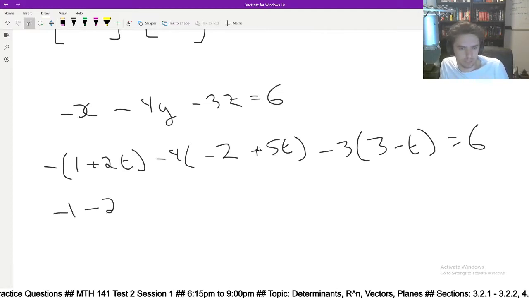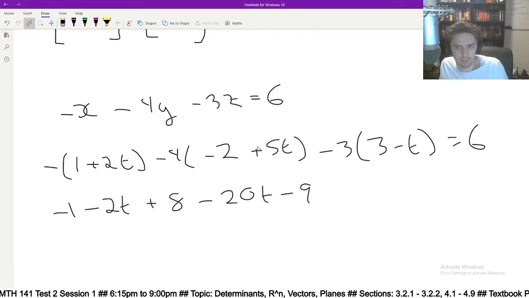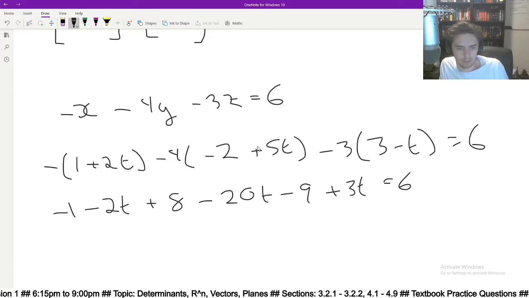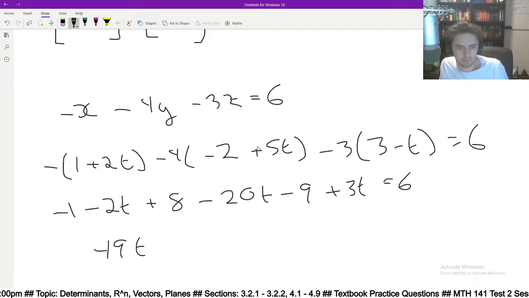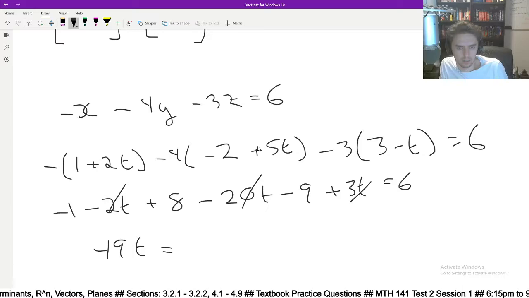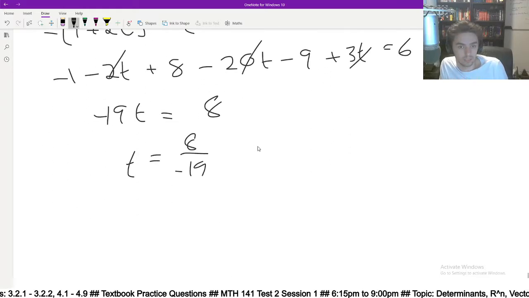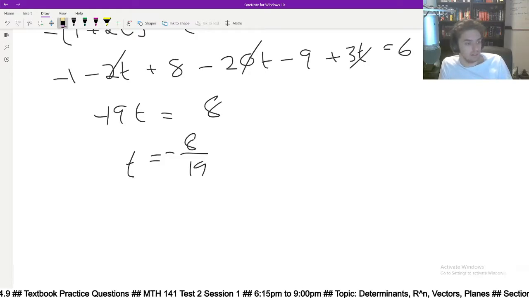So negative 1 minus 2t plus 8 minus 20t minus 9 plus 3t equals 6. So then this is negative 19t equals 8, so t equals 8 over negative 19. We found a value for t.